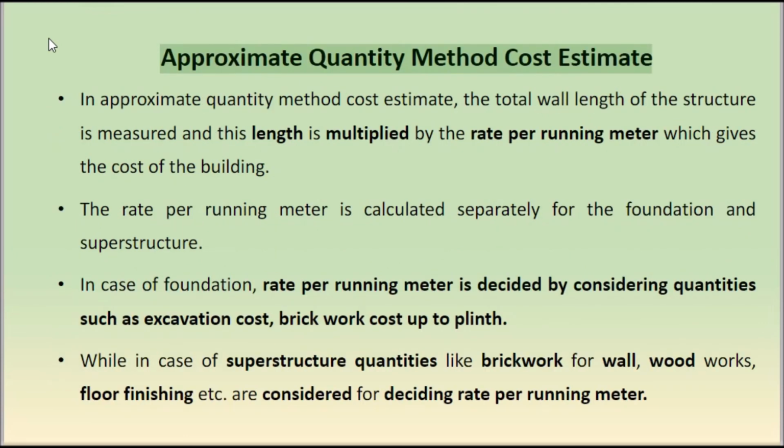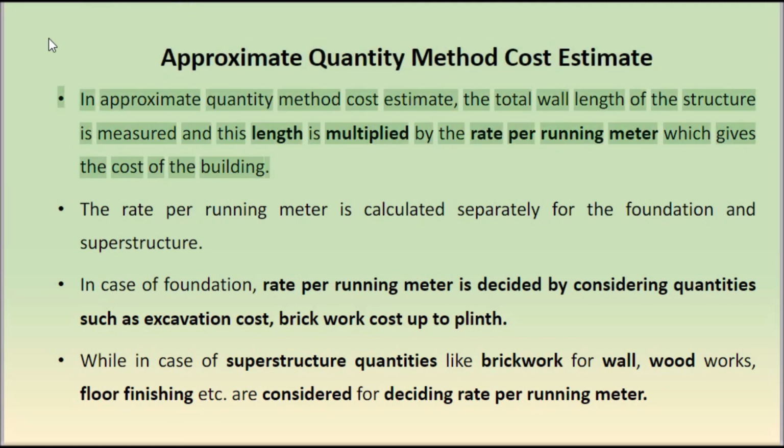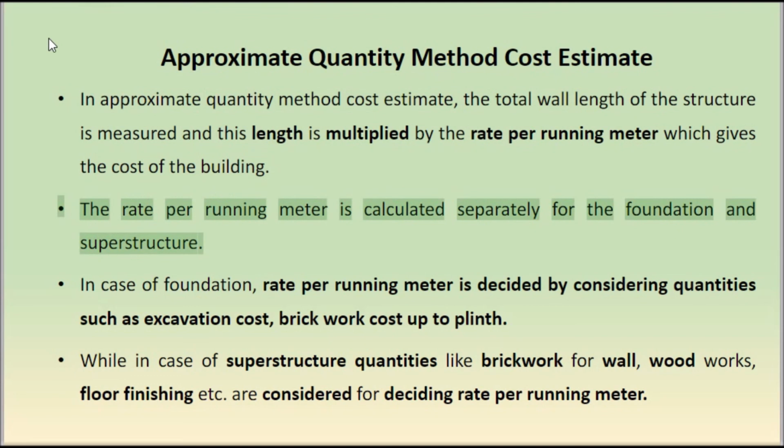Approximate quantity method cost estimate. In approximate quantity method cost estimate, the total wall length of the structure is measured, and this length is multiplied by the rate per running meter, which gives the cost of the building. The rate per running meter is calculated separately for the foundation and superstructure.